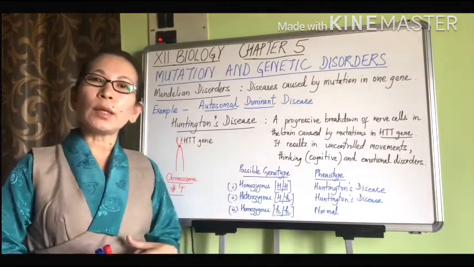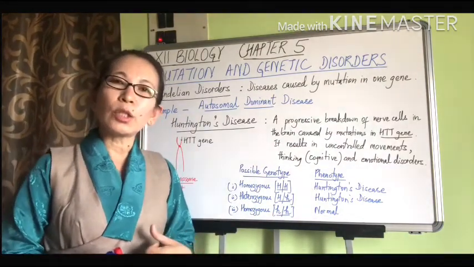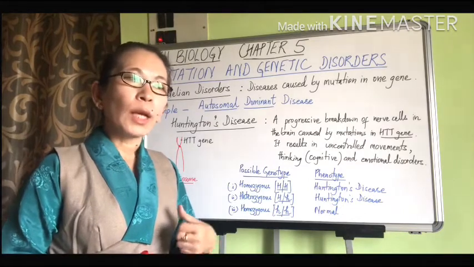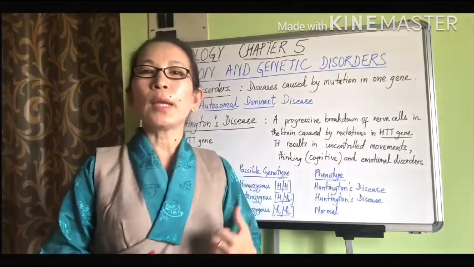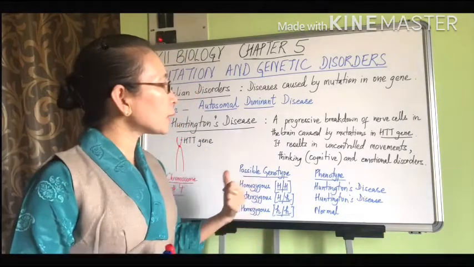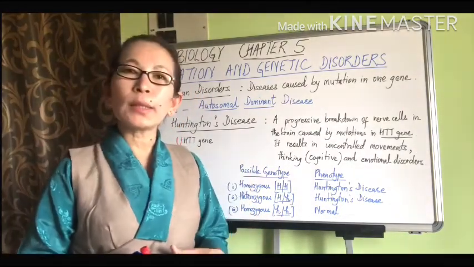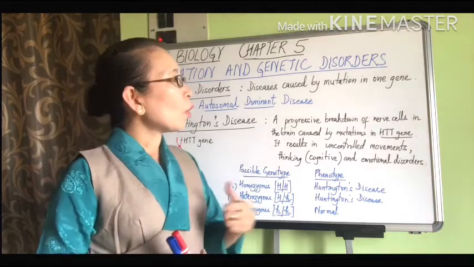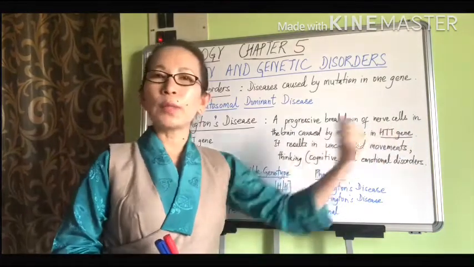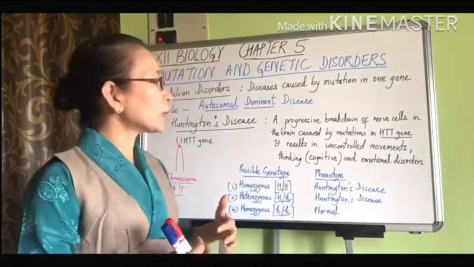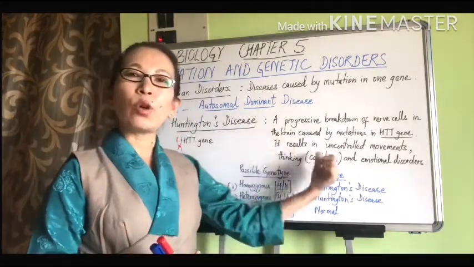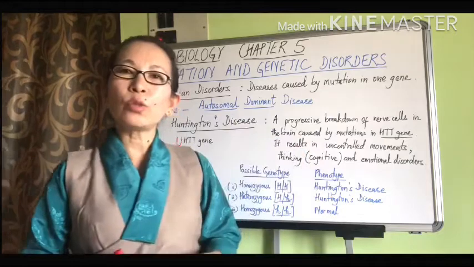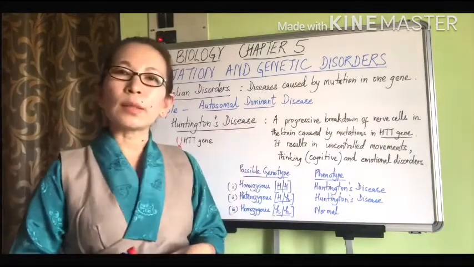Mutation in the HTT gene is responsible for excessive accumulation of Huntington protein in our brain, and this excessive accumulation causes breakdown of nerve cells, resulting in multitudes of effects on the individual who suffers from Huntington's disease.